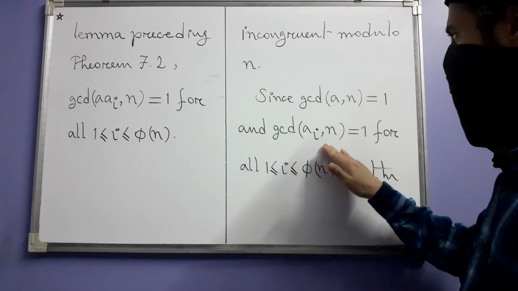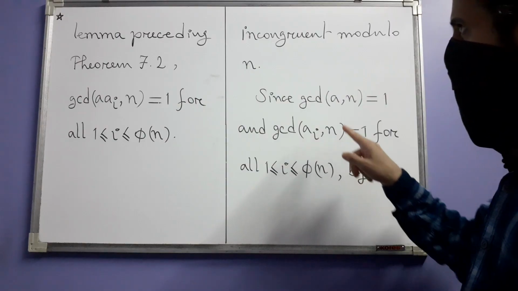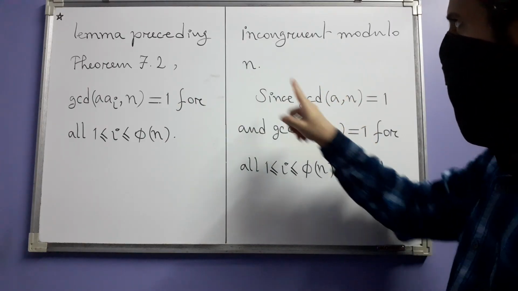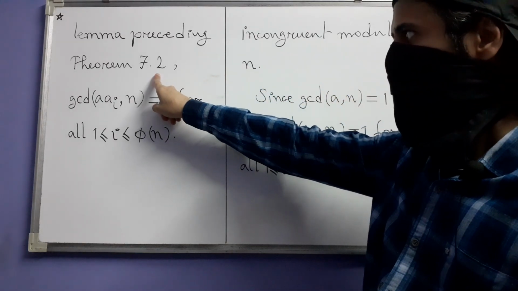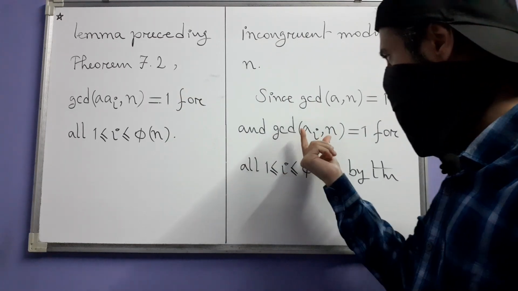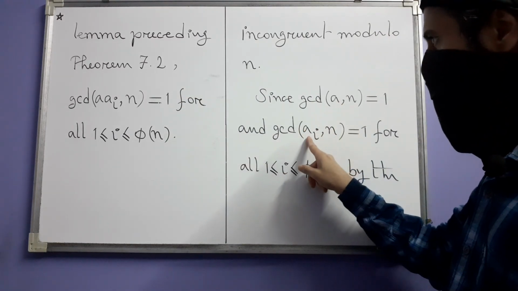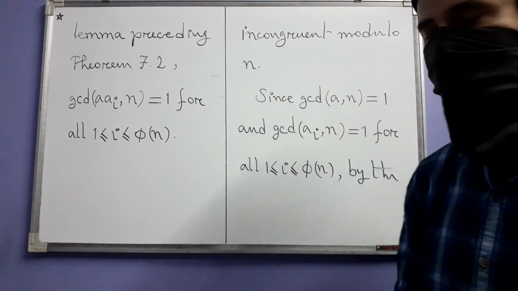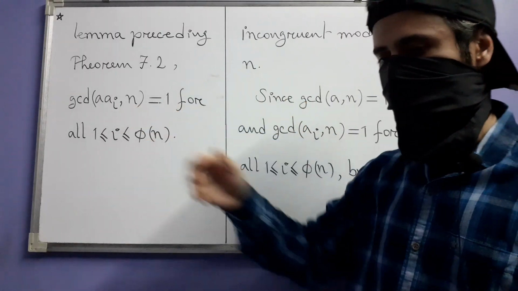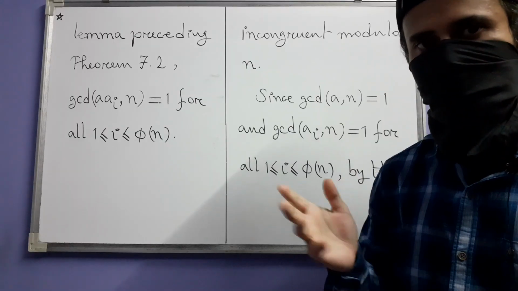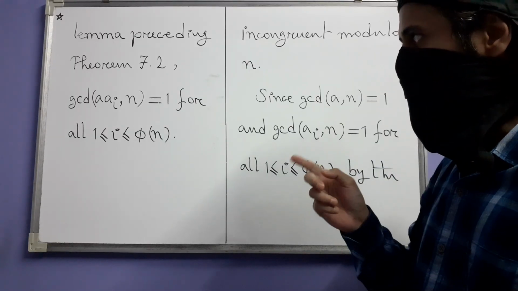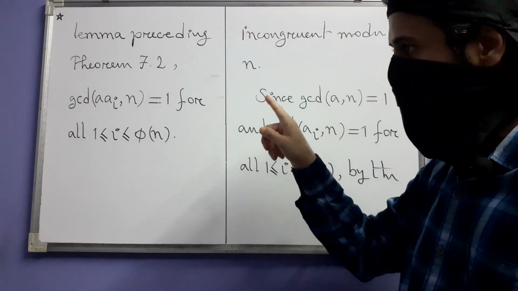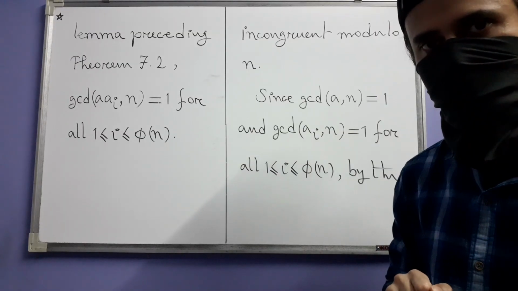Because of these two things, you go back and see the lemma preceding theorem 7.2, there you see that the product of a and any one of these a_i's is also relatively prime to n. So these numbers which are mutually incongruent to one another modulo n, at the same time are also all of them relatively prime to n.